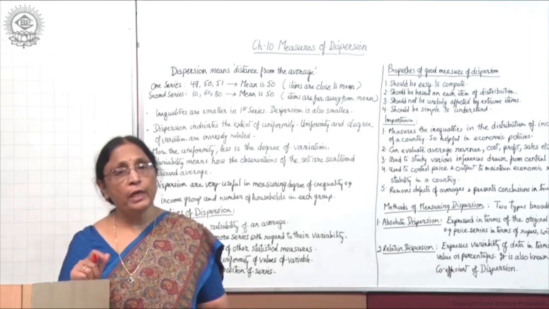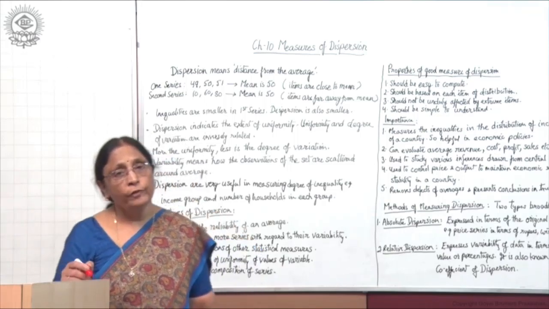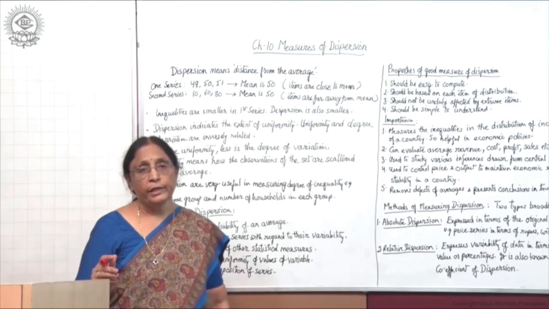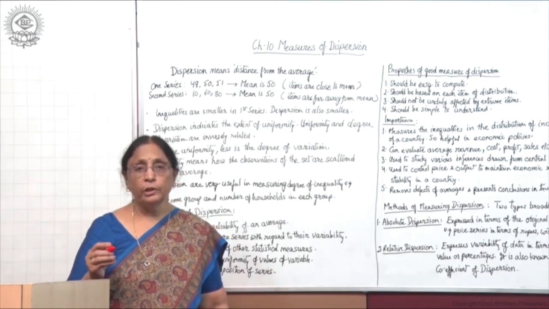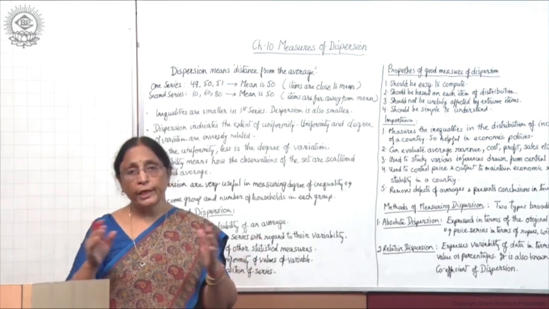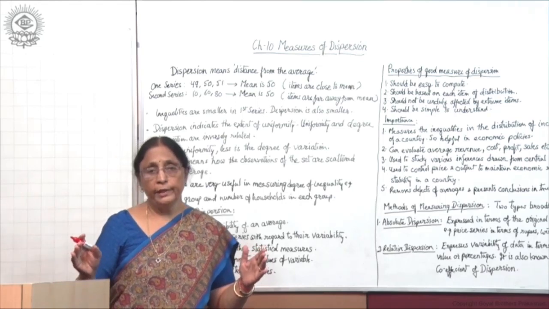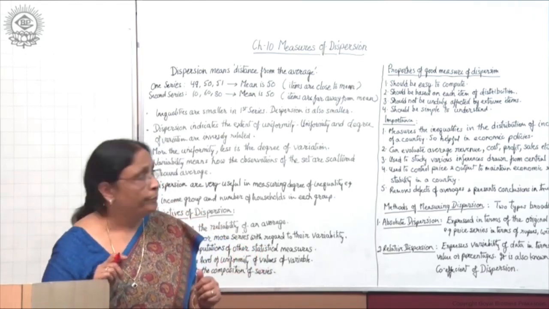So for this we have a better measure which is known as measure of dispersion, that tells you how the data or how the series is dispersed or scattered, or you can say spread, right. That will give you a better picture.